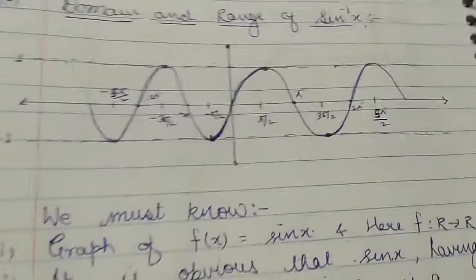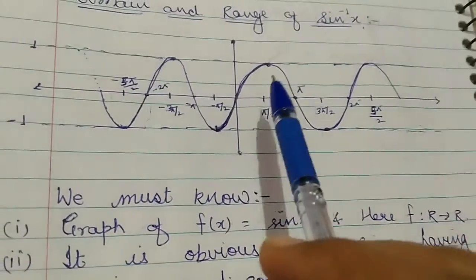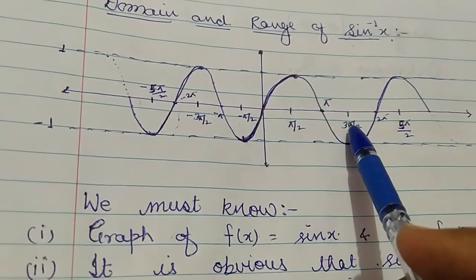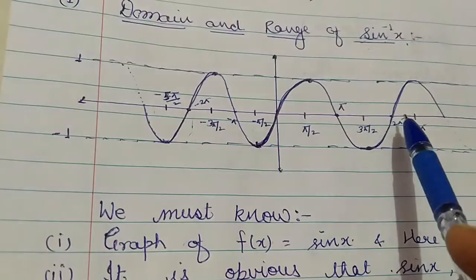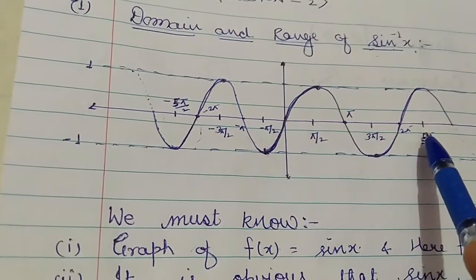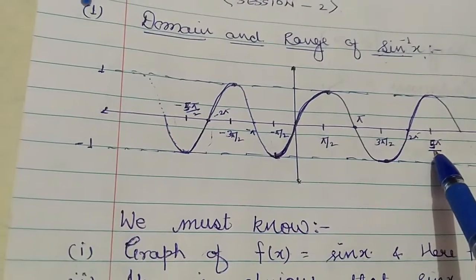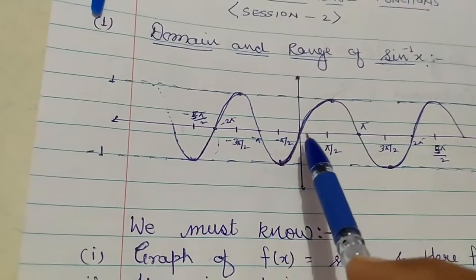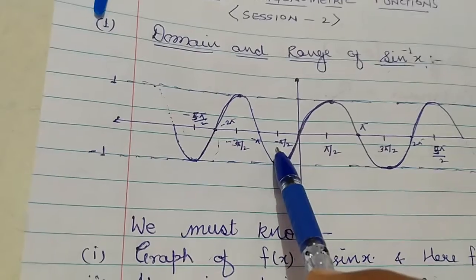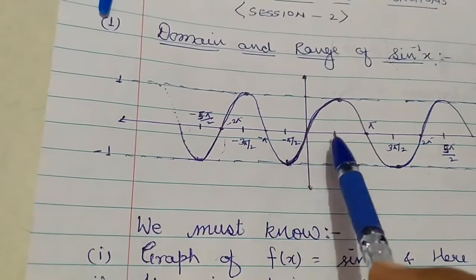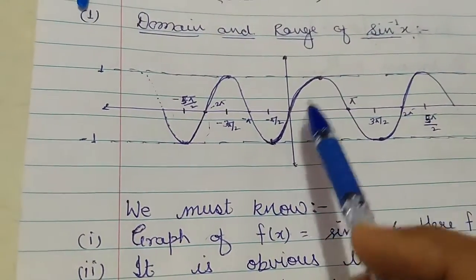We can also replace the domain by π/2 to 3π/2, or an interval from 3π/2 to 5π/2. The domain may be -π/2 to -3π/2, or many other branches of this graph.